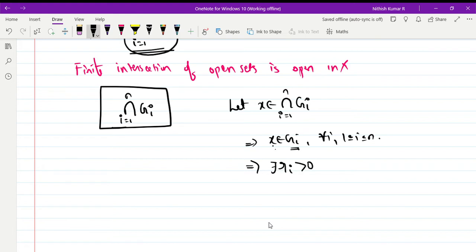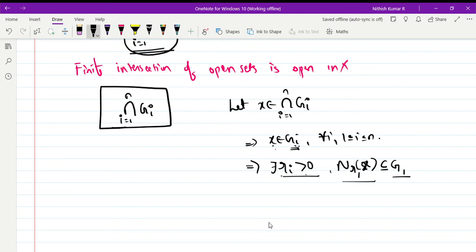Now why this Ri? Because for G1 and x belongs to G1, there exists R1 greater than 0 such that N_R1 of x is contained in G1. Moreover, for x belongs to G2, there exists R2 greater than 0 such that N_R2 of x is contained in G2.